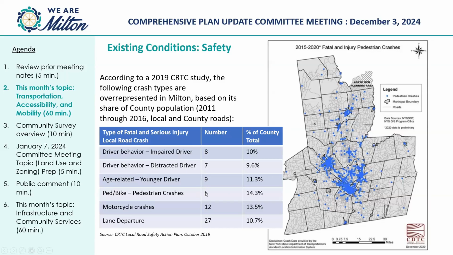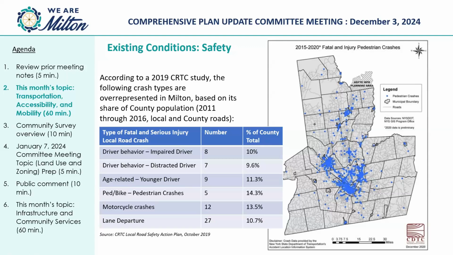But this one was bike and ped crashes, and I believe it was all pedestrian. You can see there was one, I think, all five, and this is not the same reporting period, but Milton does have people using the town's road network, walking or bicycling, and they're getting involved in some serious crashes.